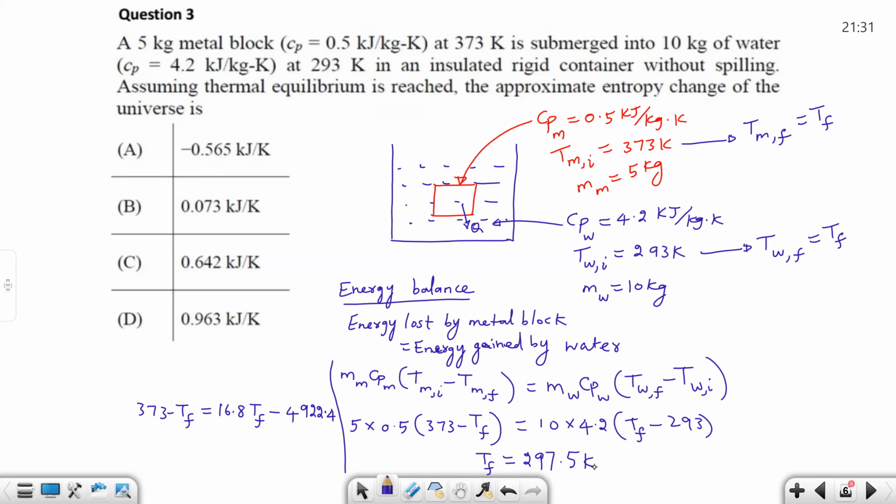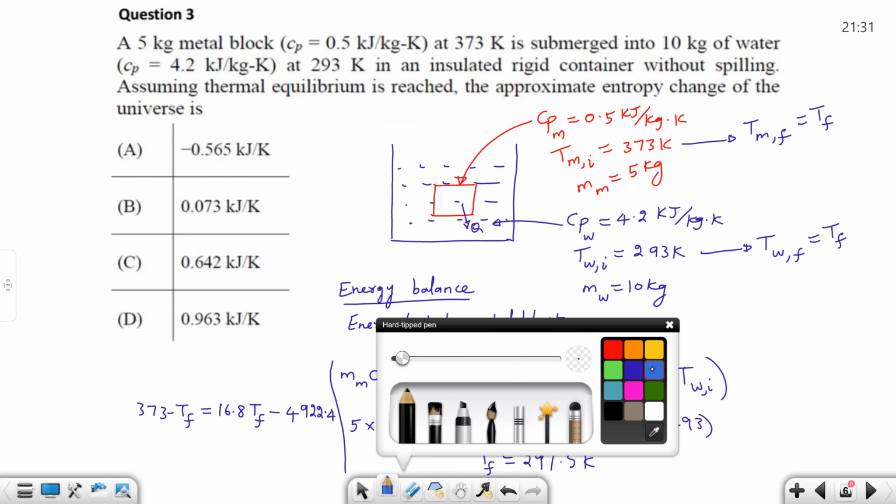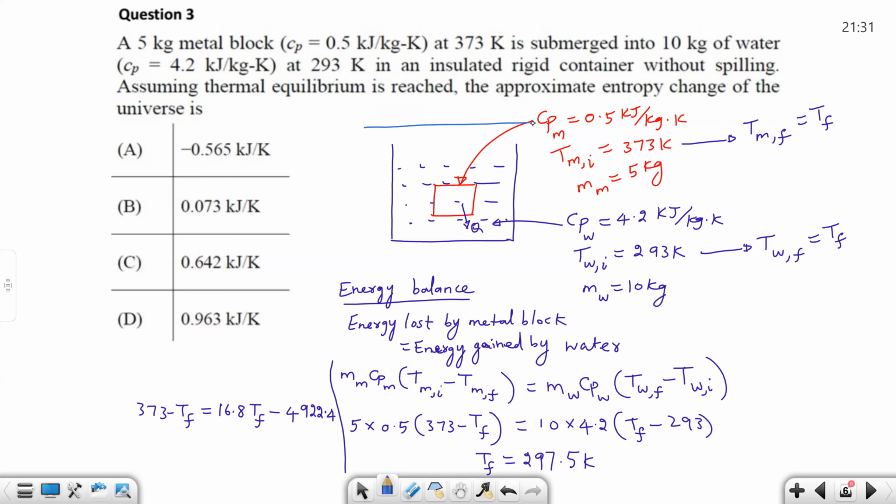So now you go for the entropy change. Entropy change of the universe. So what we can do is we assume that this is the universe. Within the universe, you have a metal block and the water.